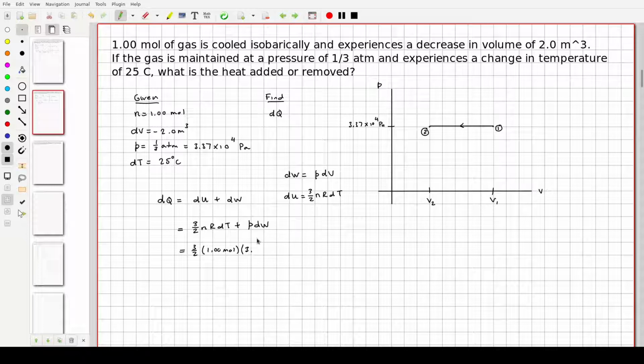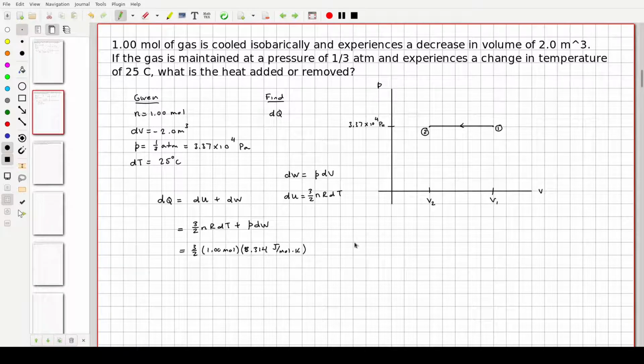I can never remember R. It is 8.314 joules per mole Kelvin.